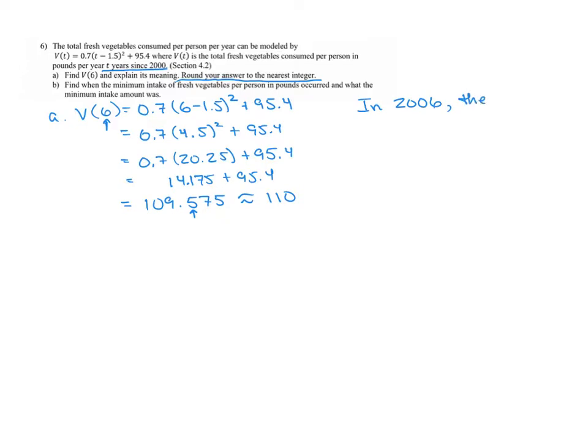The consumption of fresh vegetables was 110, vegetables, I guess, per person.